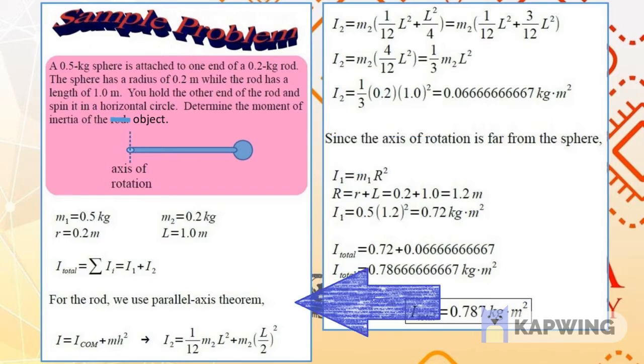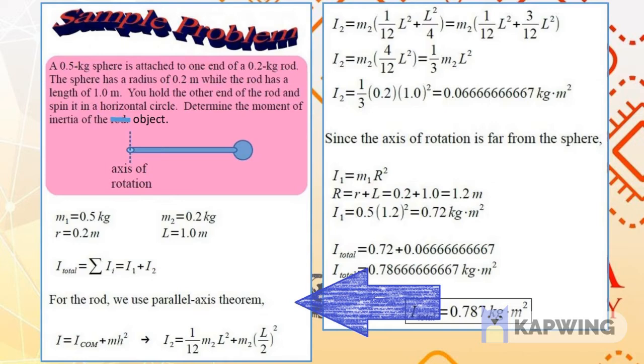Now, let M1 be the mass of the sphere, 0.5 kilograms, and M2 be the mass of the rod, 0.2 kilograms. Let R be the radius of the sphere, 0.2 meters, and L be the length of the rod, 1 meter.